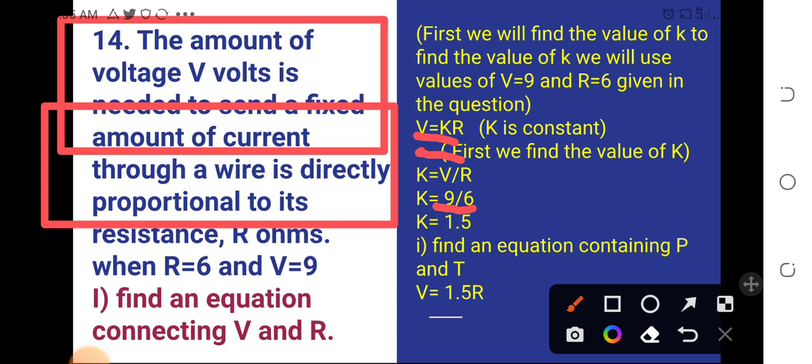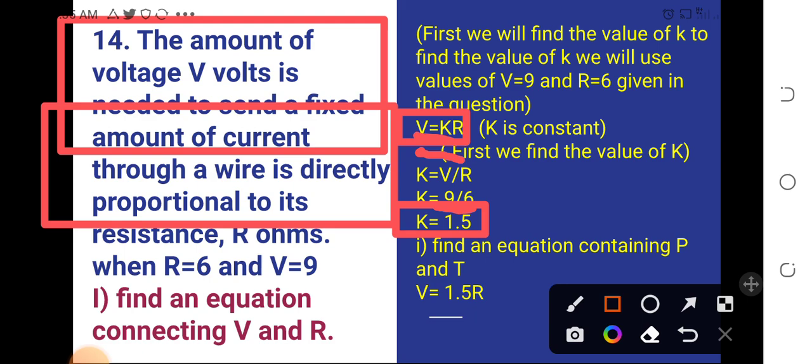By dividing 9 with 6, we get the value of K, which is 1.5. And this is what we find out, the value of K, which is 1.5.